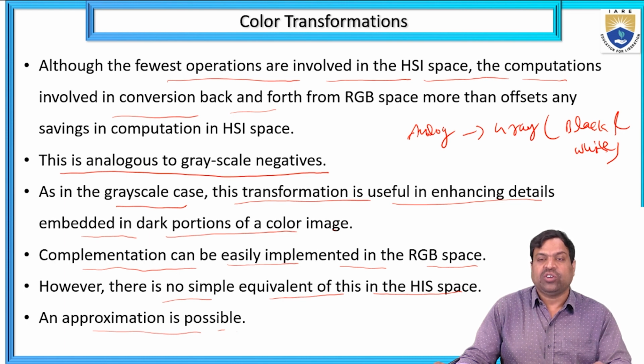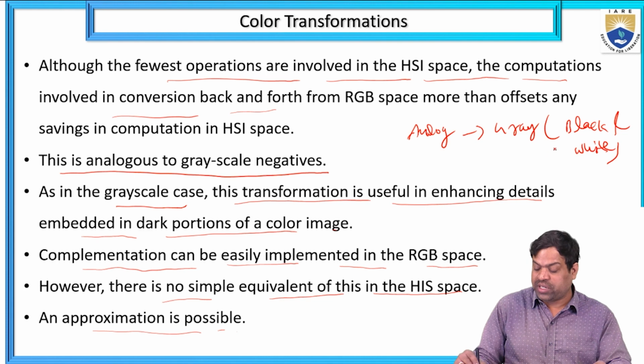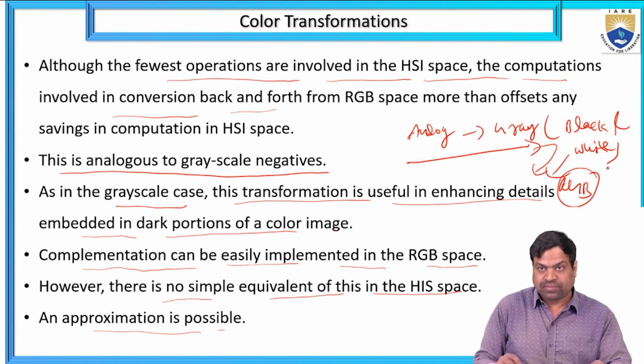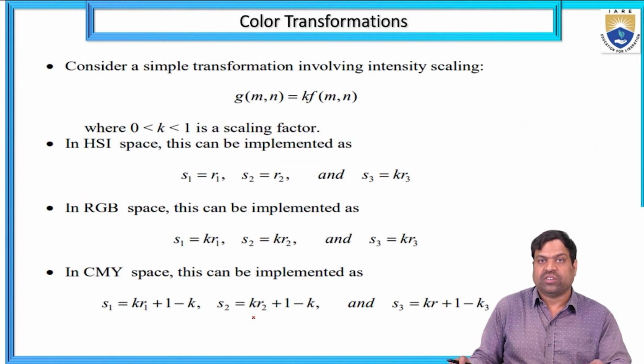But for analog to grayscale, the transformation is useful in enhancing detail. The implementation is in RGB space, where analog is converted to gray and gray is converted to RGB. There is no simple equivalent of this in HSI space, and approximation is possible.